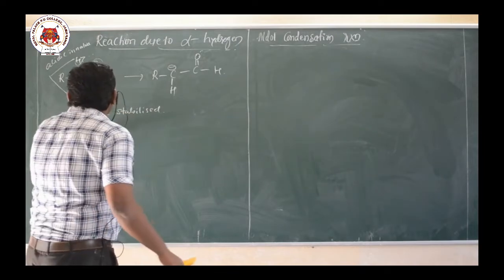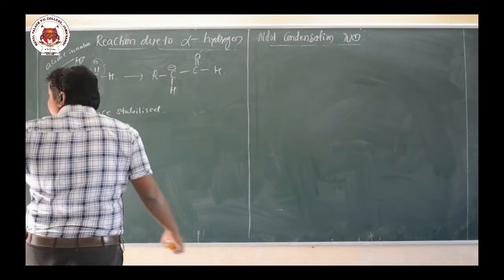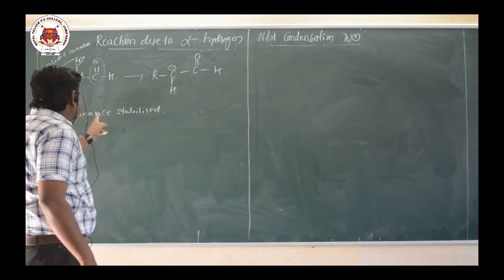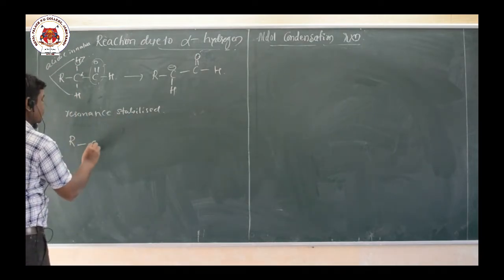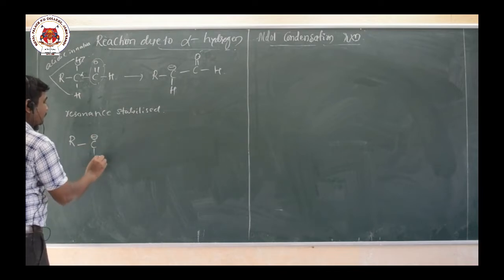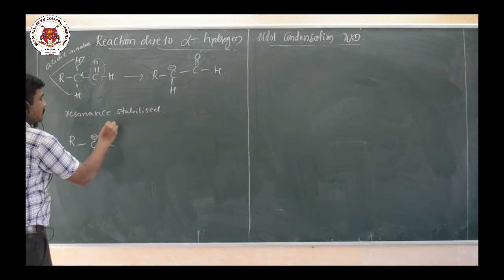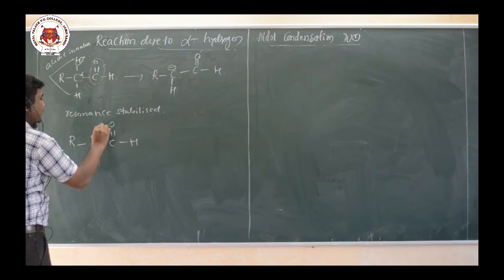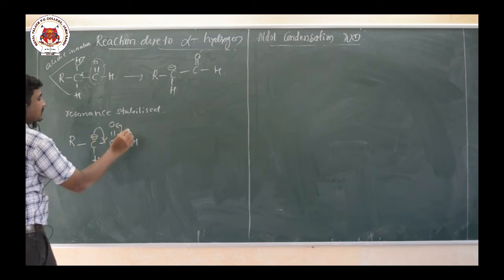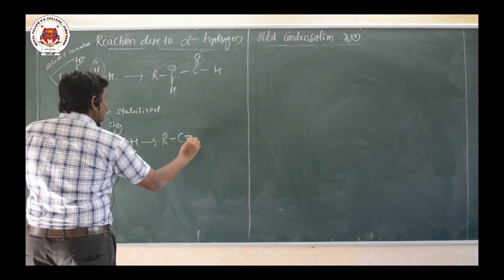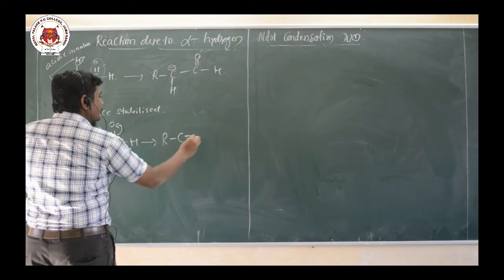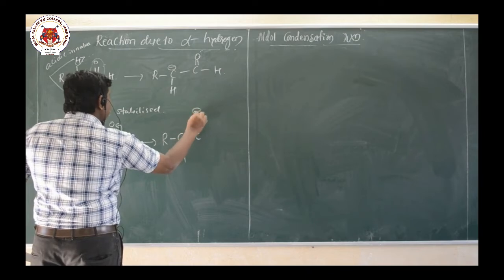So now there is a formation of anions, and this anion formed is resonance stabilized. I will write the resonance structure for this: RCH, C double bond O, H, and R, CH double bond C, O minus, H.